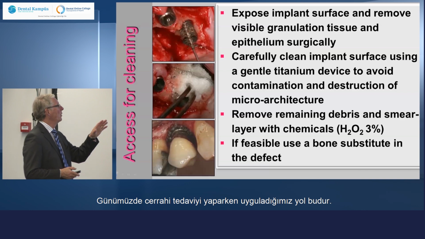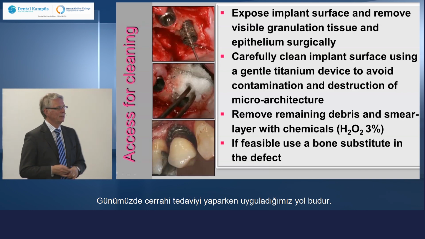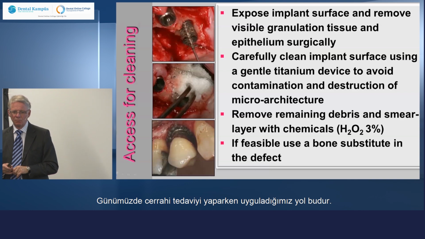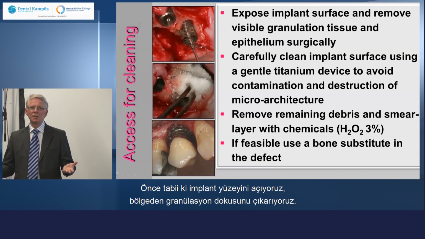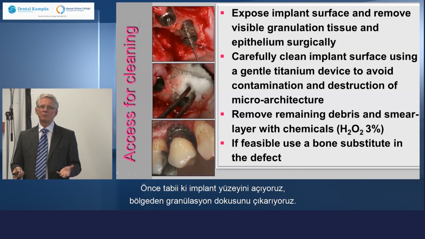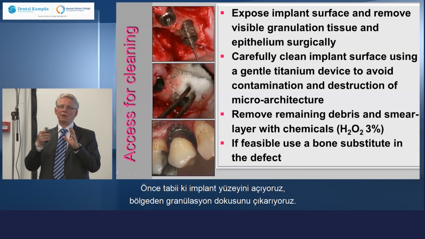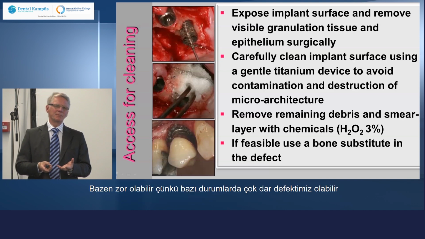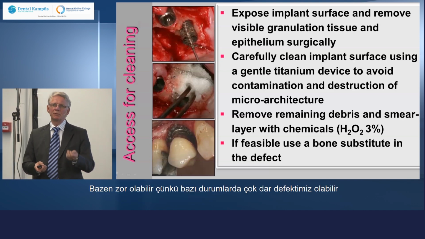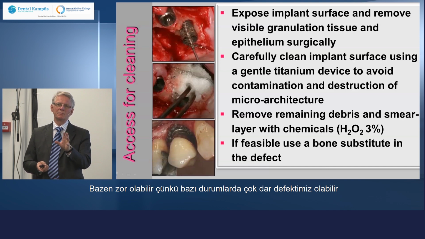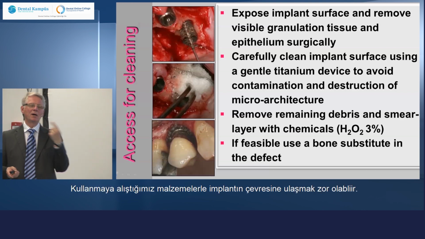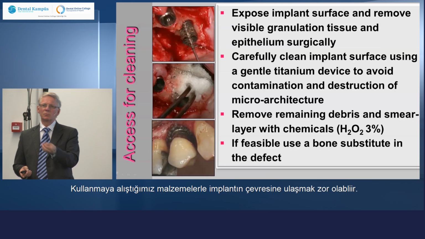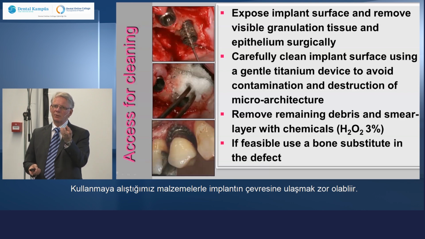This is the way at present we try to treat when we do the surgical procedures. We of course expose the implant surface. We remove the granulation tissue or granulomatous tissue from the area. Sometimes it could be difficult because in some instances you have a very narrow defect, and with the materials we have available, it is difficult to get around the implant.